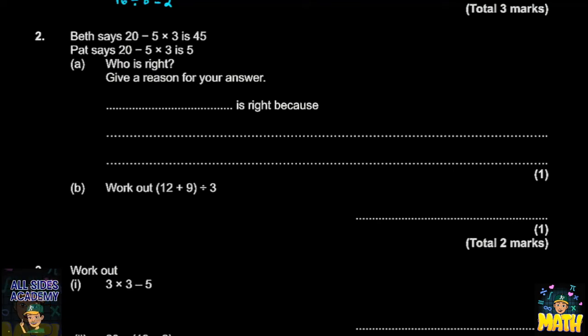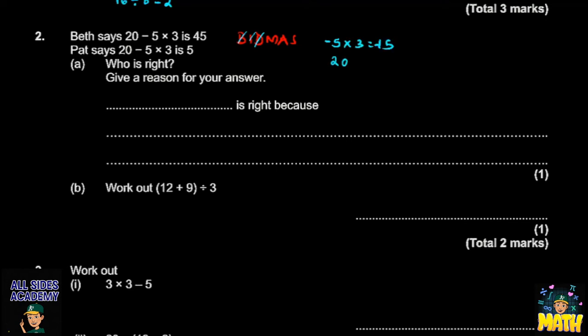All right, so Bert says 20 minus 5 times 3 is 45. Pat says it's 5. Who is right? So in this case, you can decide to use BIDMAS to calculate and see who gets the correct answer. So using that order, we'll start with multiplication. -5 times 3 gives us -15.